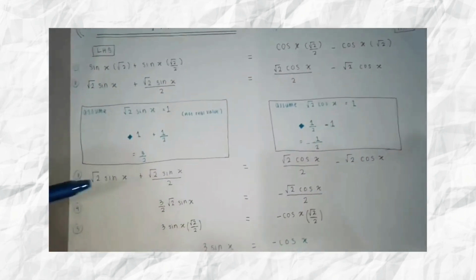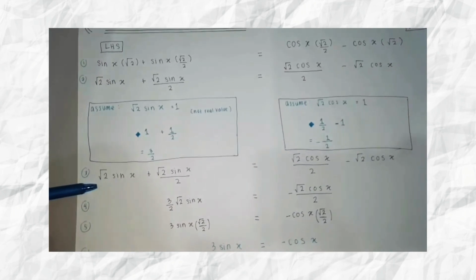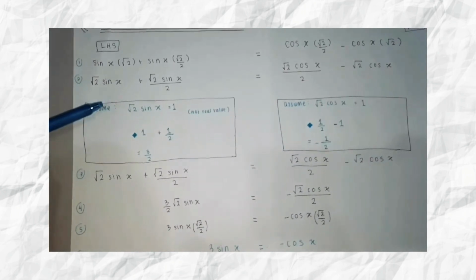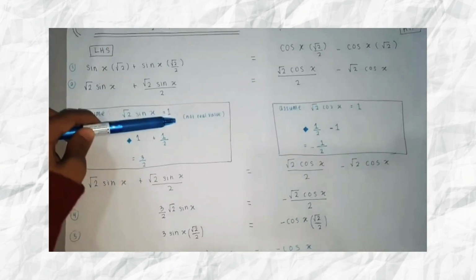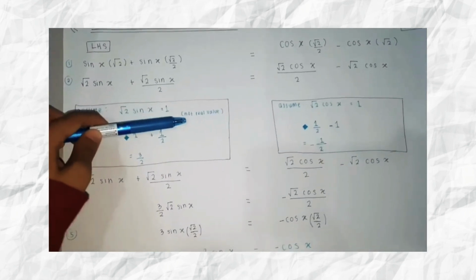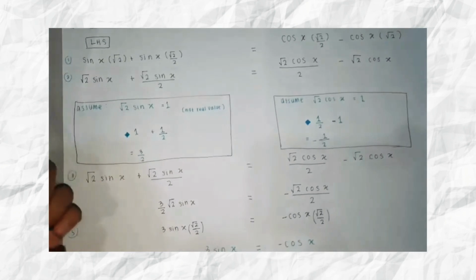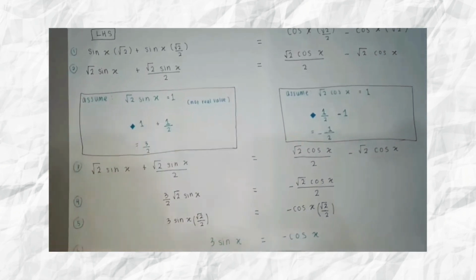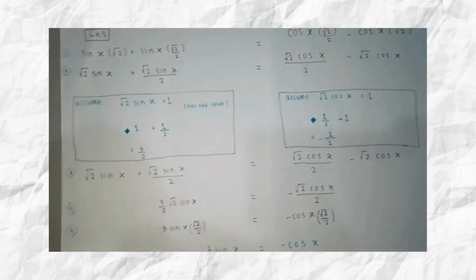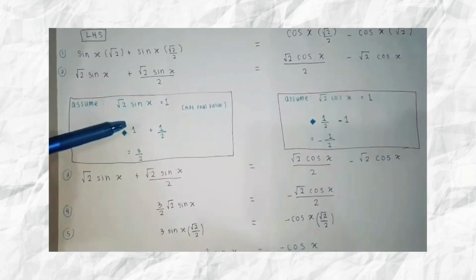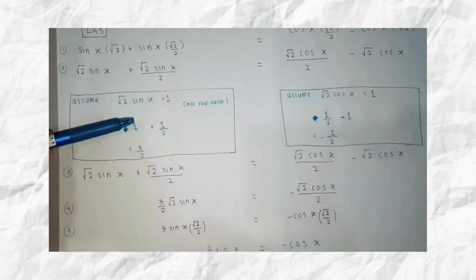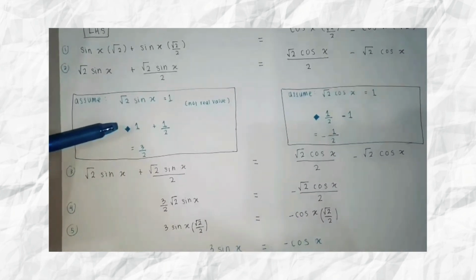So at the next step, I assume this square root 2 sin x as 1. It's not a real value, it's just my estimation to make it more clear for anyone that is still blurred about how to solve it. So let me make it clear.